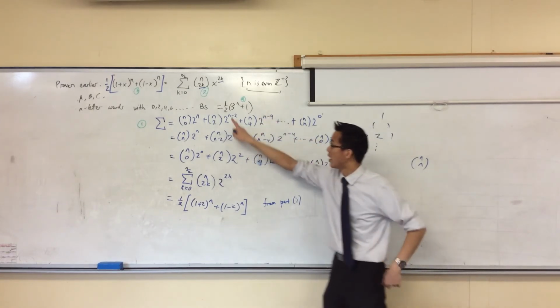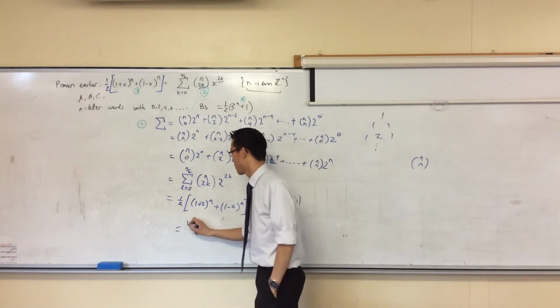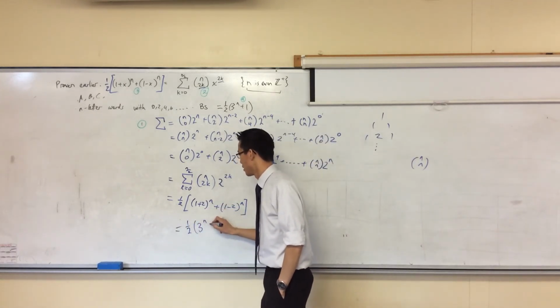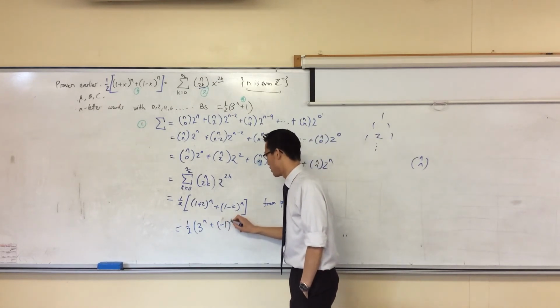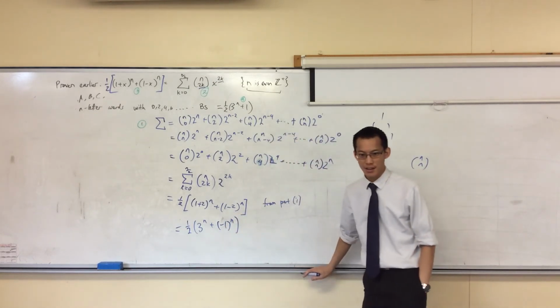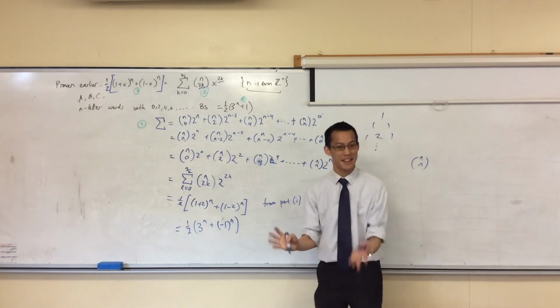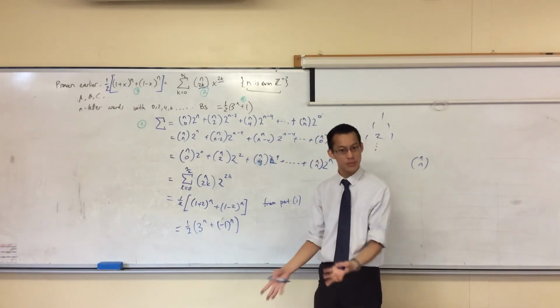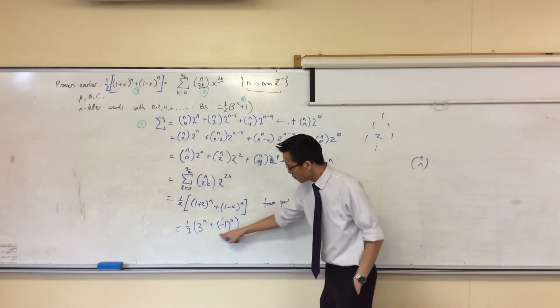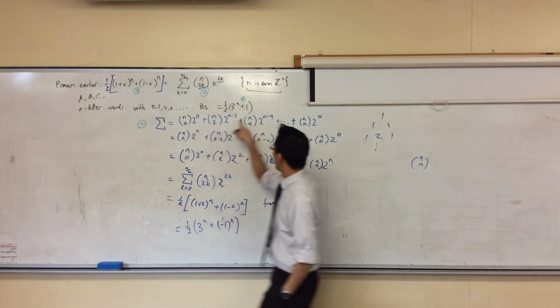You can see the half is there, the 3 is there. And then you look at this. Now this is minus 1 to the n. Now, this is the great thing about having a proof: you know where you have to end, you just have to know why. You do have to justify why this is the case. Minus 1 to the n is equal to 1.